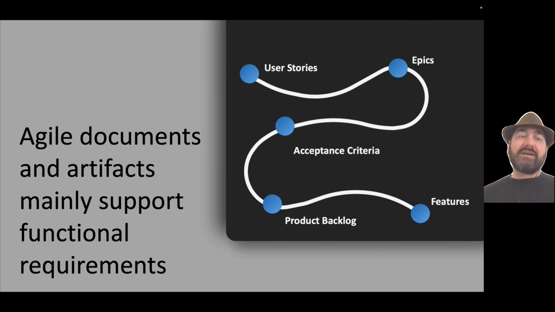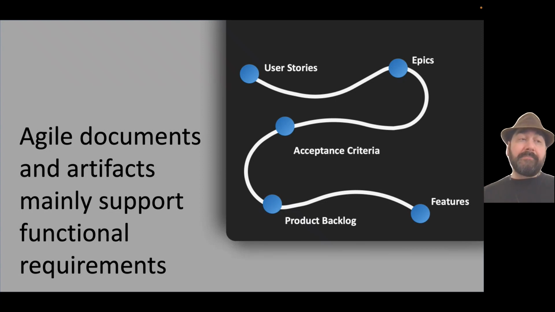So, our starting point comes from the fact that mostly agile documents and artifacts are mainly created to support functional requirements, right? In agile, we have this idea that we need to prioritize the requirements from the users, use a light documentation and try to rely more on communication, right?